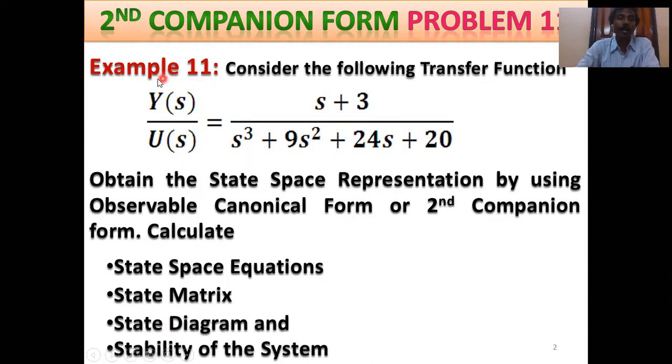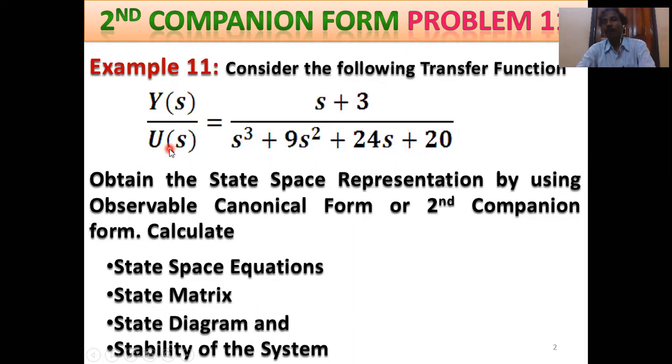So our given transfer function Y(s)/U(s) equals (s + 3) divided by (s cube + 9s square + 24s + 20). And this Y(s) is the overall output, and U(s) is the system input.